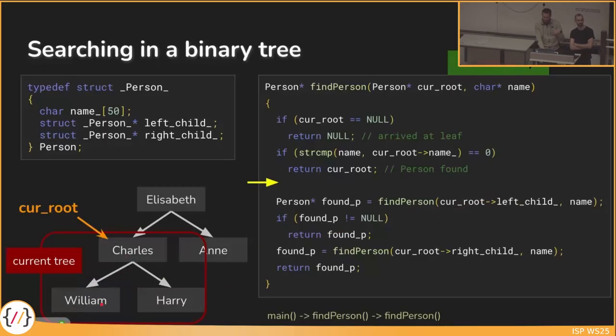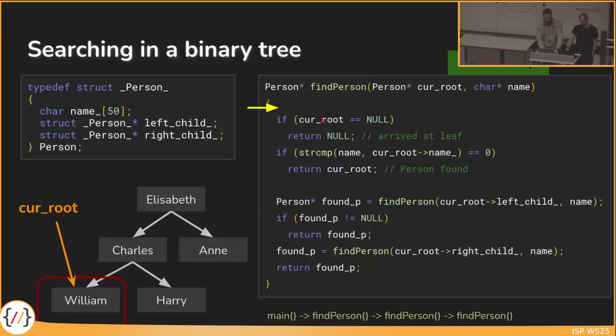William is now the new root of the next find person call. Harry is still the name we are searching for. So the next call is now with the current root William.